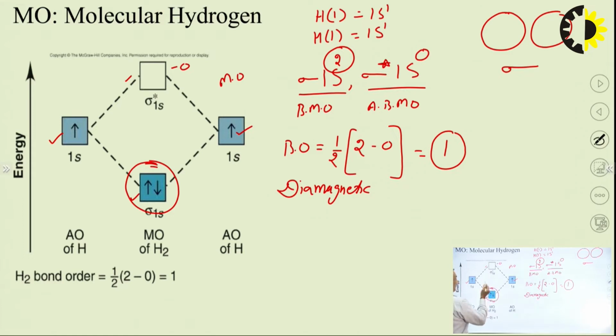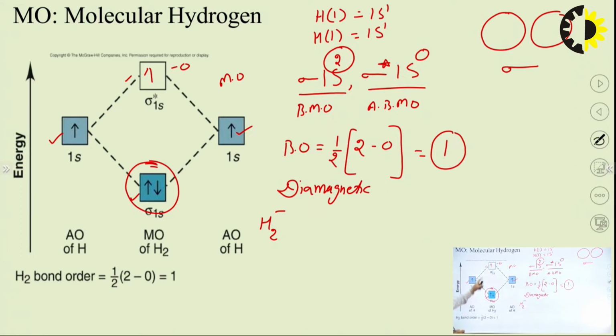While if we have one more electron, suppose I write down the molecular orbital configuration of H2 minus, meaning one electron I would like to add, then what happens? I will add one more electron here.